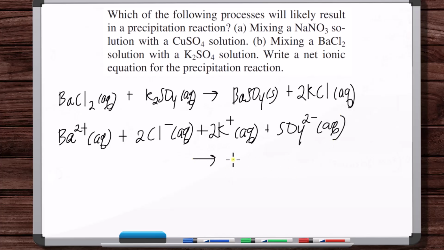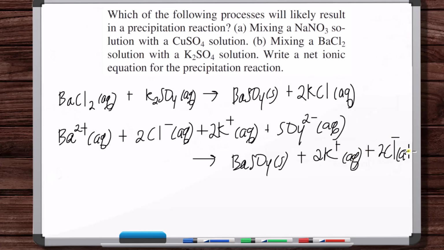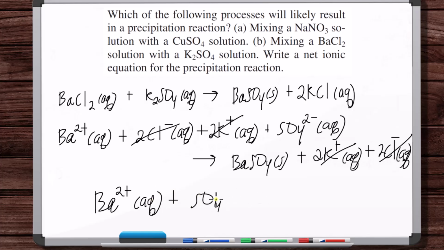Okay, now this stays solid, and then you've got 2 K+ and 2 Cl-. Okay, now let's cancel the spectator ions, and we're left with the net ionic equation. There we go.